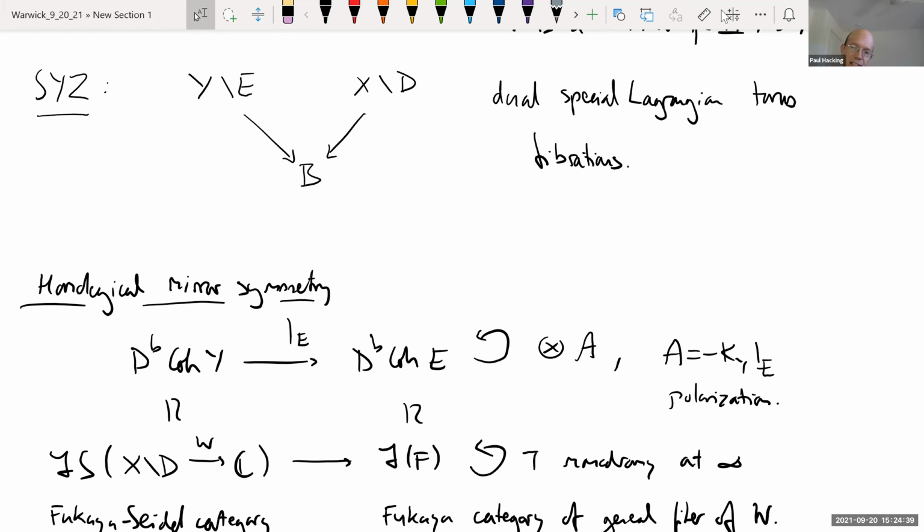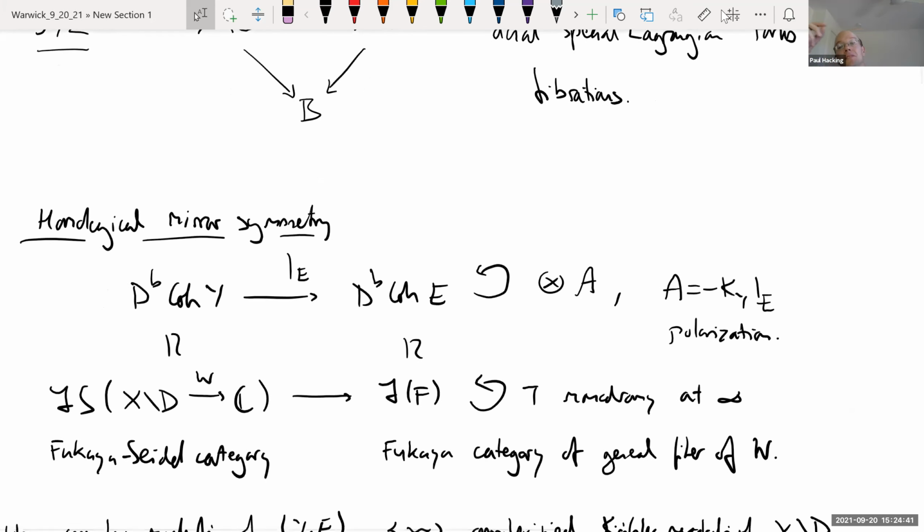And for this category, we have a restriction map to the Fukaya category of the general fiber of this pencil. This map just takes a Lefschetz thimble to its boundary.